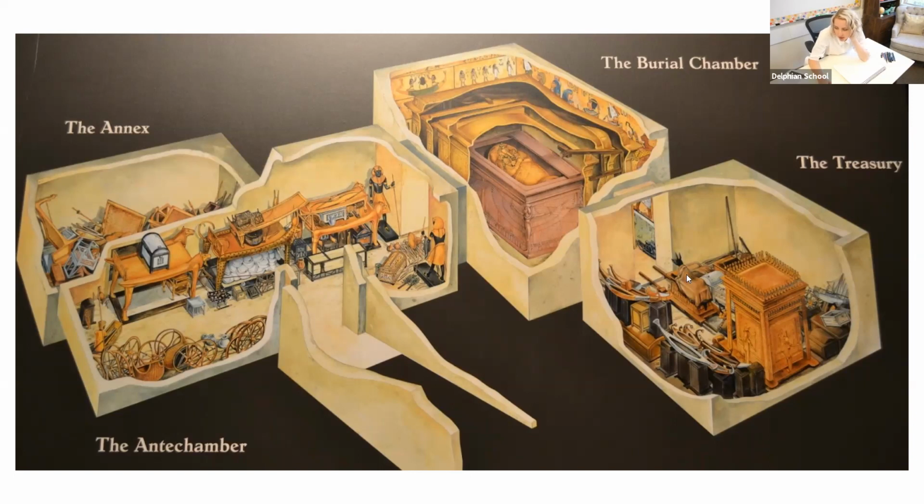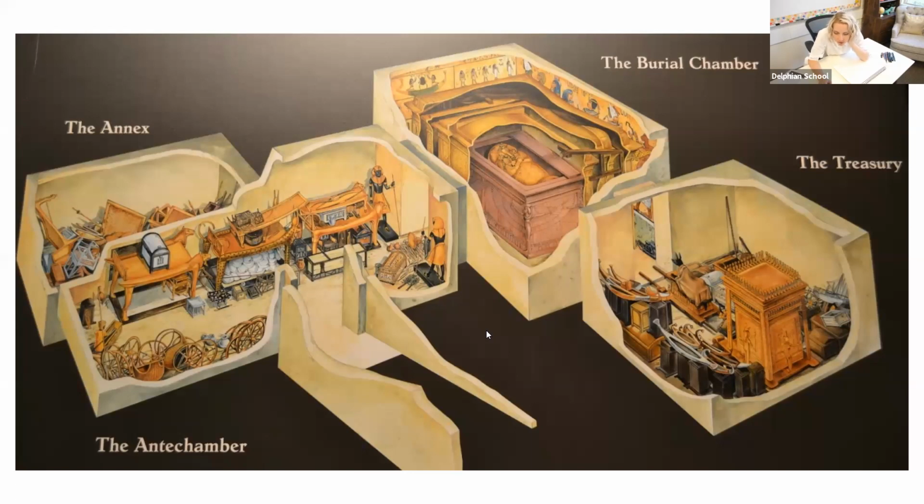And then there's the treasury, so there's a bunch of golden things in there. And they really believed that this was important, to be buried with all of your money and expensive stuff.